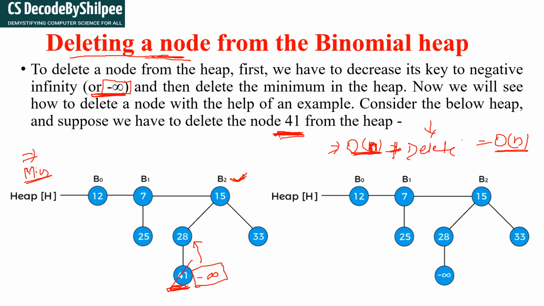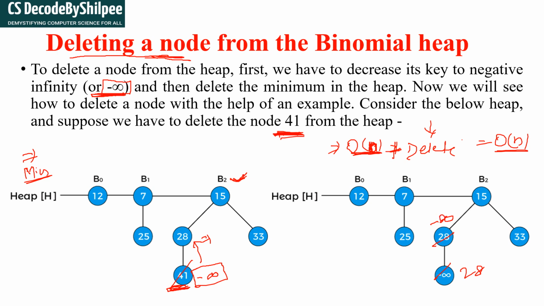No, this condition fails, because 28 is greater than minus infinity, but the min heap says the parent should be less than or equal, so the condition fails. Then we perform swapping. After the swapping, minus infinity comes here and 28 goes there.